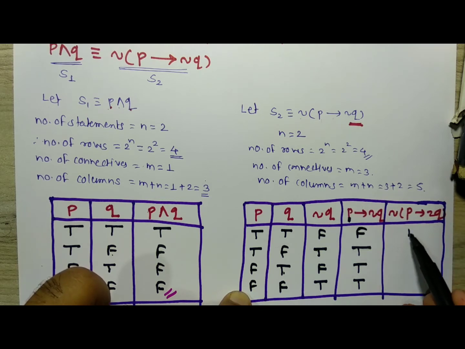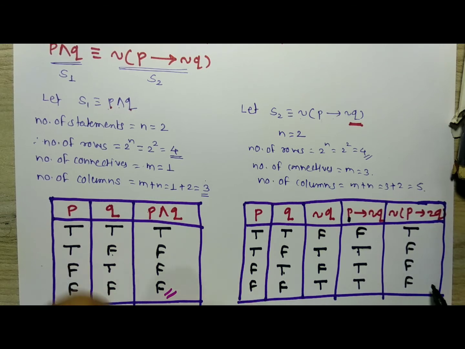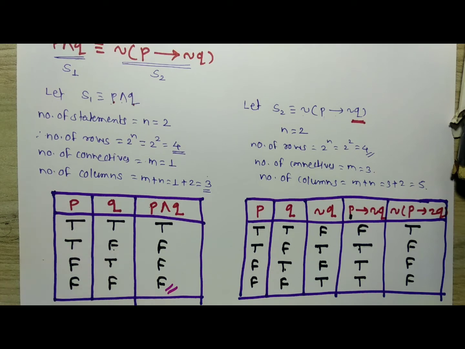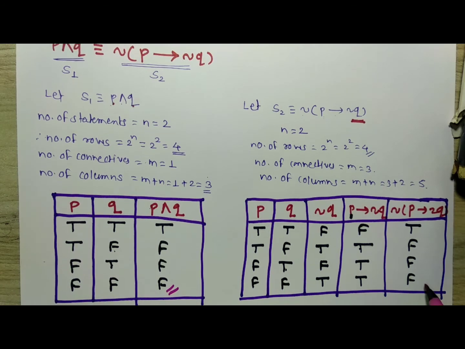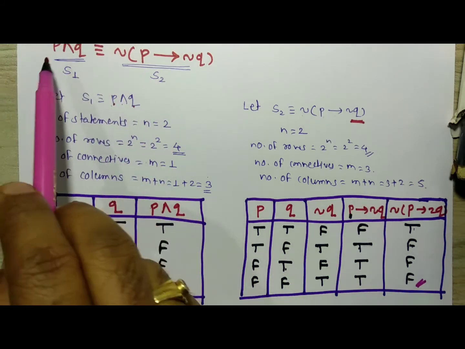Here is false, that means it is true, then false, true, false, true, then false, and it is your last column related to our statement pattern. According to these two truth tables, this column has true, false, false, false, and this column also has true, false, false, false. Then according to these 2 tables, these 2 statements are equivalent.